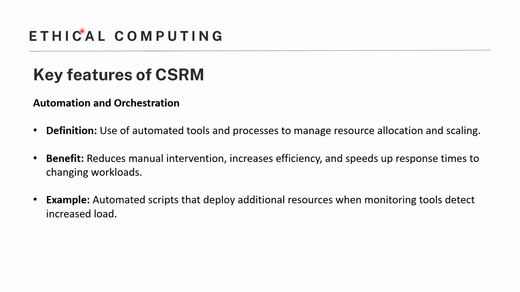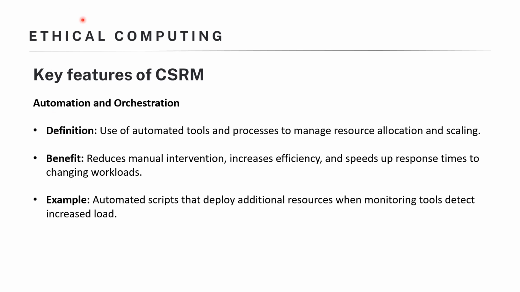The key benefit is that it reduces manual work, which increases efficiency and speeds up the response time to changing workloads. This ensures that resources are deployed quickly when needed without requiring constant human oversight.